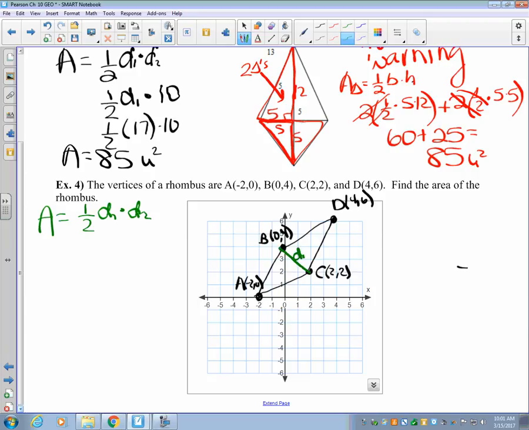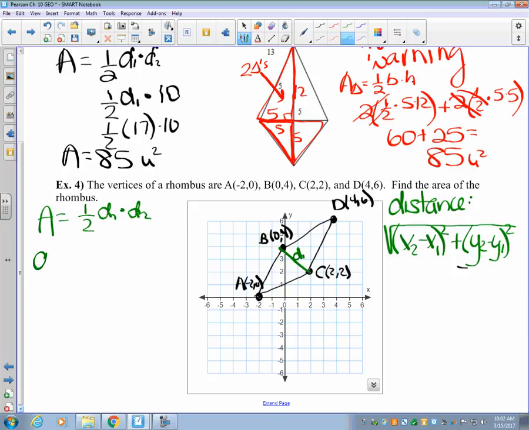Diagonal 1 is the distance between B and C. So let's go ahead and write down the distance formula that we thought maybe we might possibly forget, but keeps coming back like a virus. So the distance formula is the x's subtracted and squared plus the y's subtracted and squared, square root.